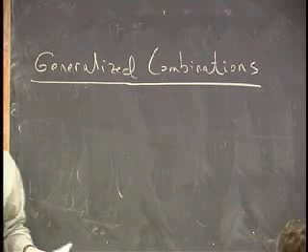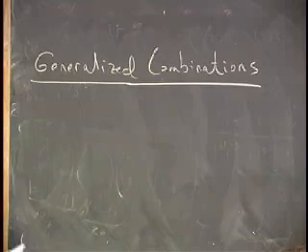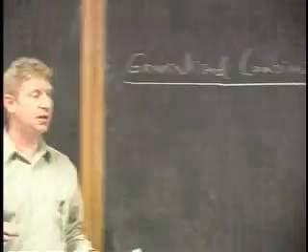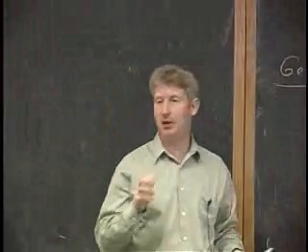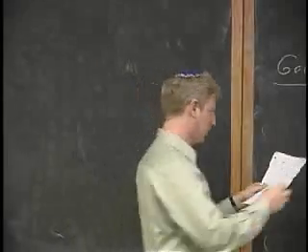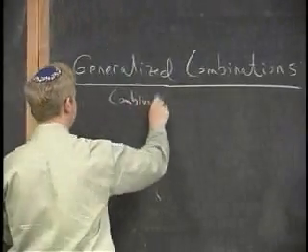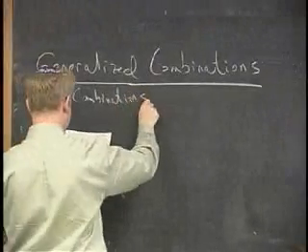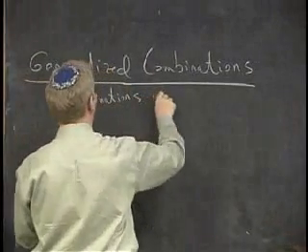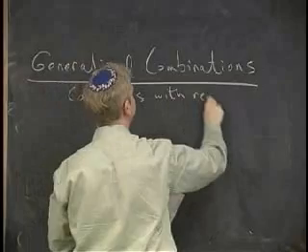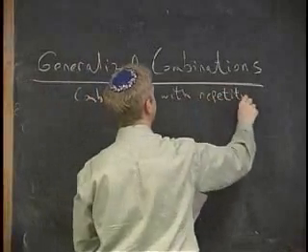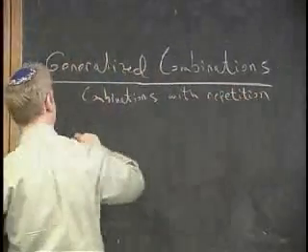Again, to start off, I want to do an example. And the example here is going to be just like the regular combinations that we've done before, but now I'm allowed to repeat. So here's what it looks like. Combinations with repetition. Is that how you spell repetition?